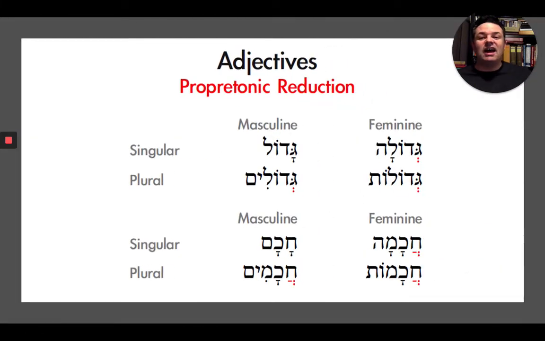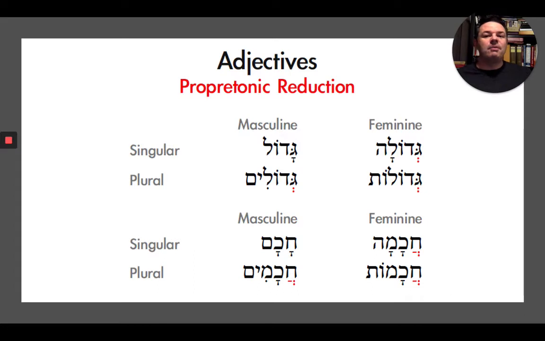But sometimes, right, when you add that extra syllable, there's going to be that propretonic reduction like we saw in the Hebrew nouns. So like that word davar, if you remember, which means word, matter, thing. And then when we make it plural, it's devarim, right? That kametz moves to a schwa. It changes to a schwa because you've got that propretonic reduction.